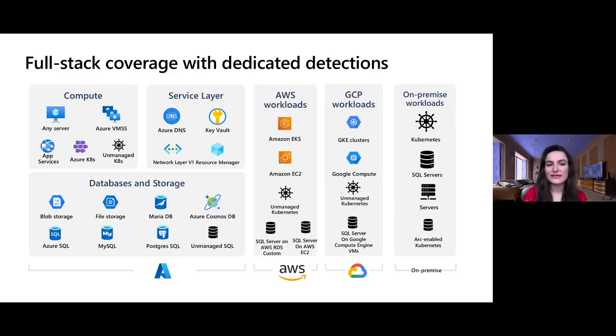But now you can also protect resources such as your EKS, EC2 in AWS, but also in GCP, like your GKE clusters, and then your on-premises workloads as well. So these are from the actual resource side of things that we have in Defender for Cloud.